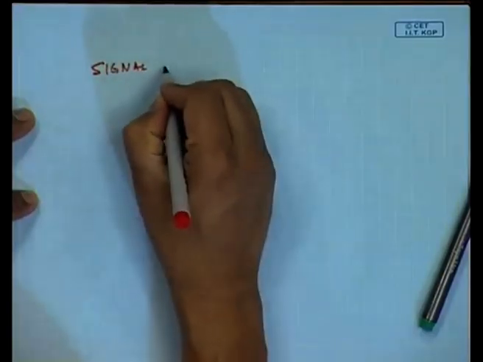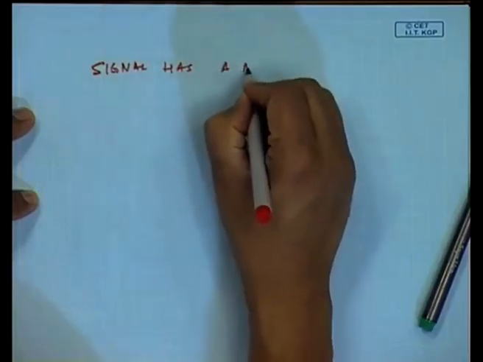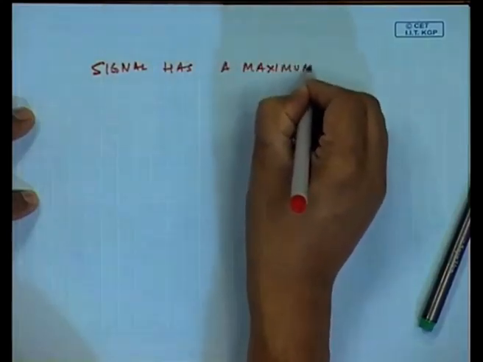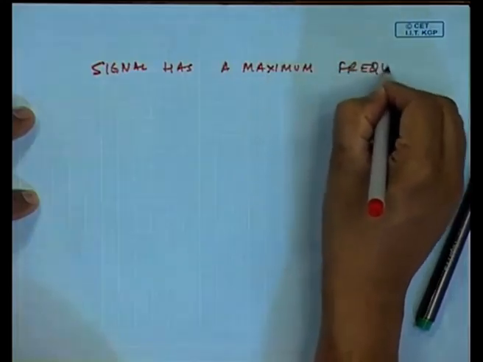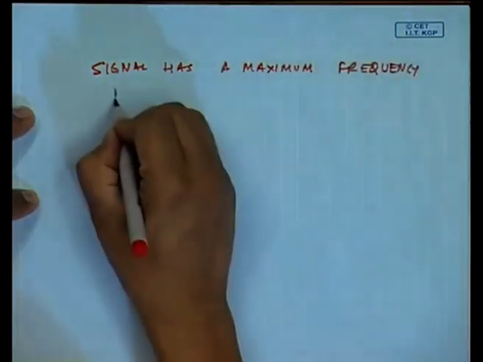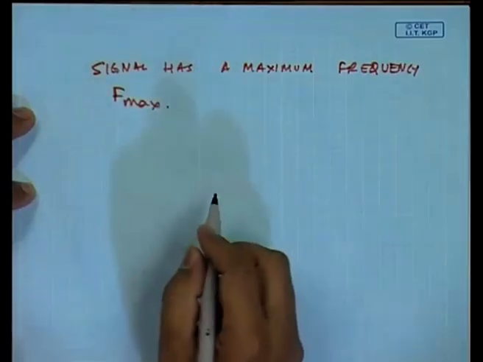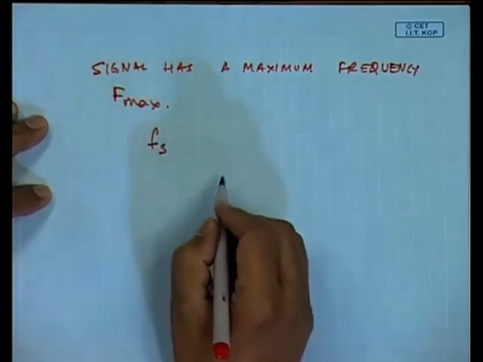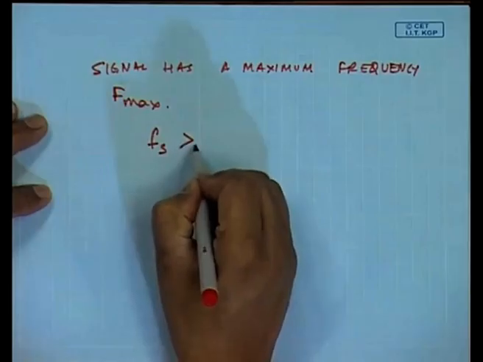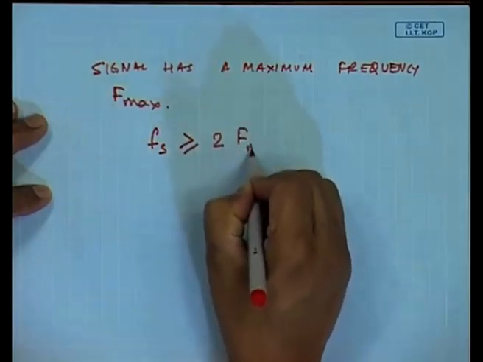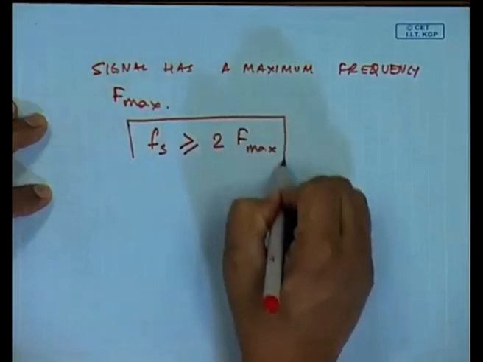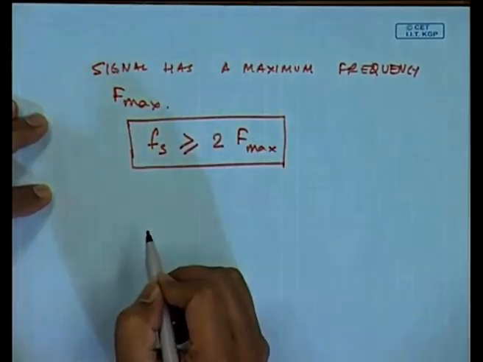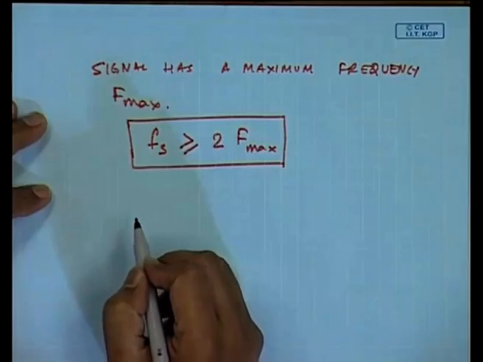So if my signal has a maximum frequency of f max, there is a theorem which says that I should sample at a rate of at least twice f max, so that errors in sampling are avoided.